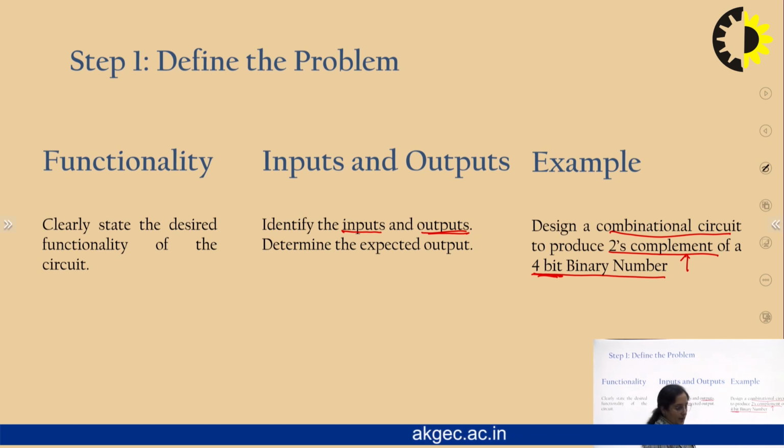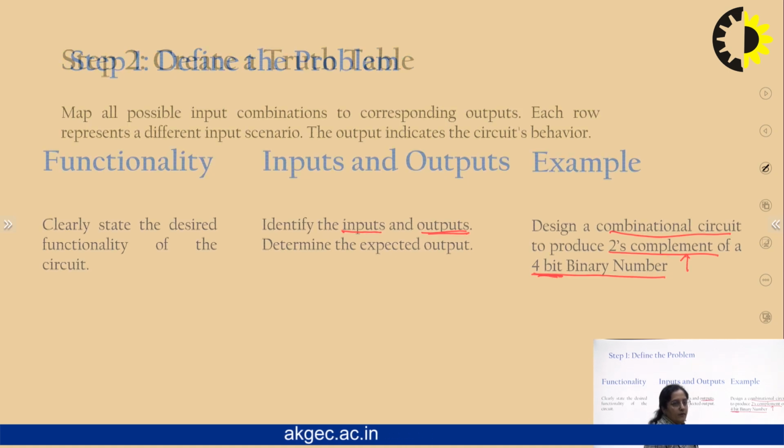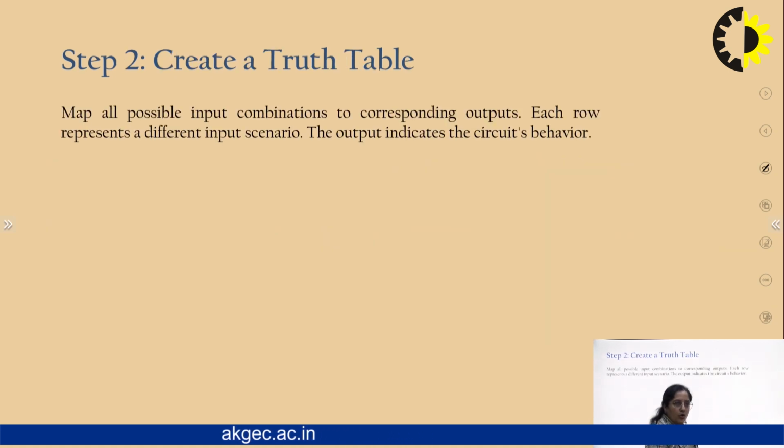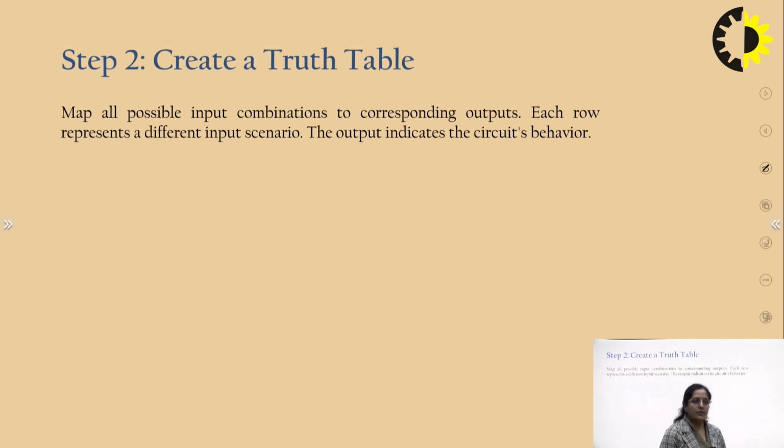Now, the second step is we have to draw a truth table. What does this truth table consist of? This truth table consists of inputs and outputs, or we can say the truth table maps all the possible input combinations with the desired output. So, we have to create a truth table as per our requirement.